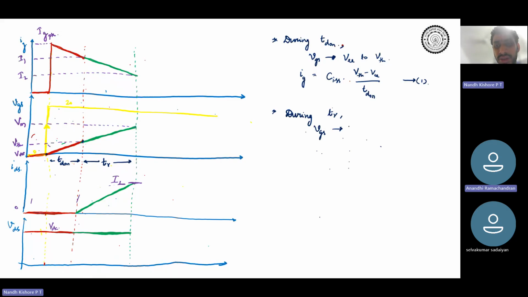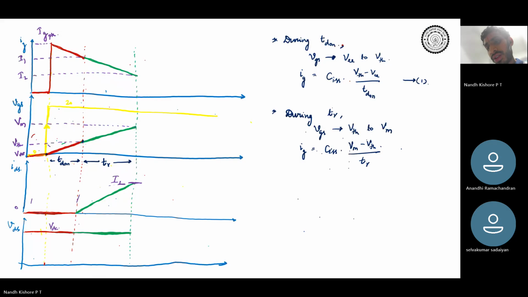VTH to VM. Correct. So your IG can be written as CISS into Vm minus V threshold divided by Tr, correct? Right?